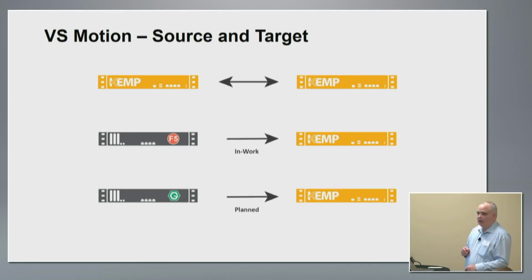This is hard. Those of you that have worked with F5 know the dreaded word iRule. iRules are hard. We don't have iRules. So taking a VS with 150 iRules and making it a VS with content rules in a LoadMaster is difficult, but it's doable.